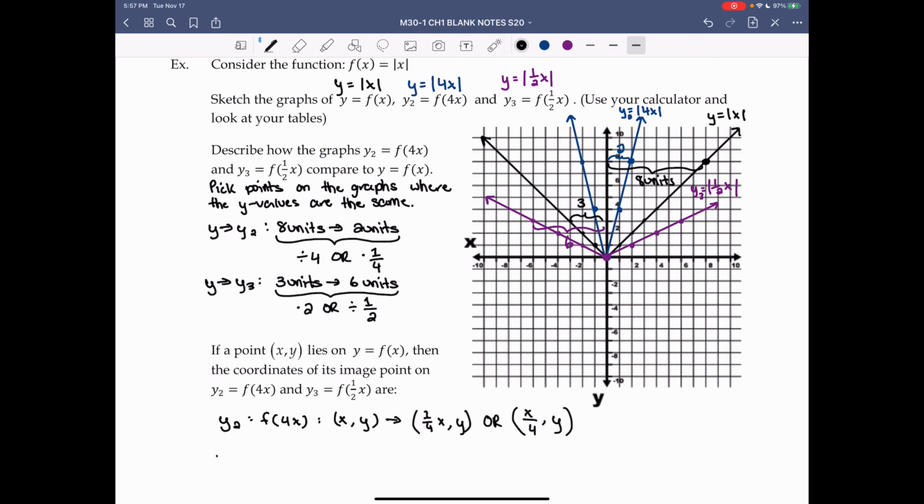And then for y3 equals f of 1/2 x, the mapping notation would be a point x, y from y equals f of x would go to 2x comma y, or we can write that as x divided by 1/2 comma y.